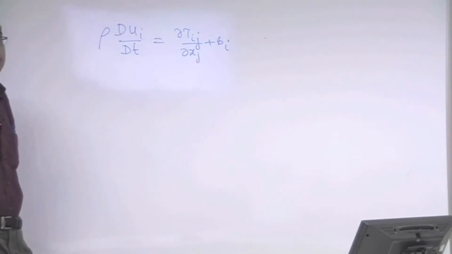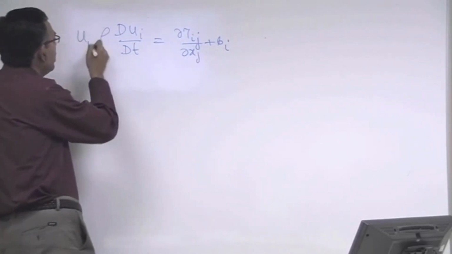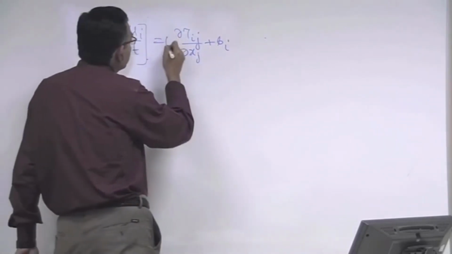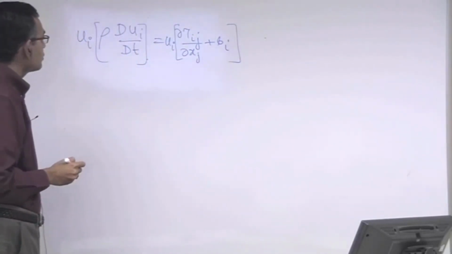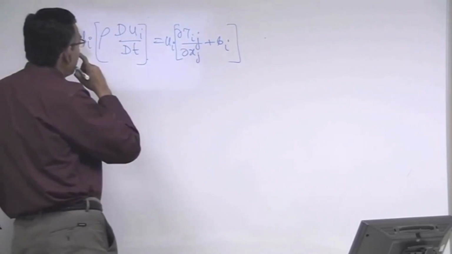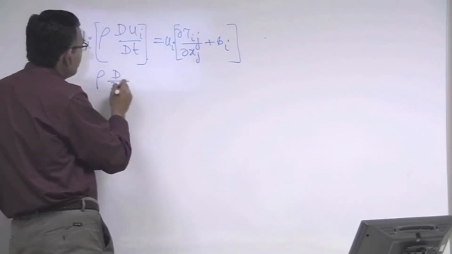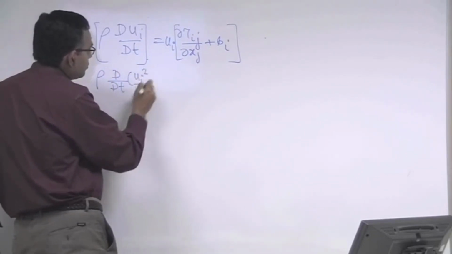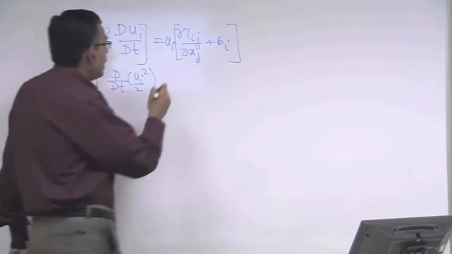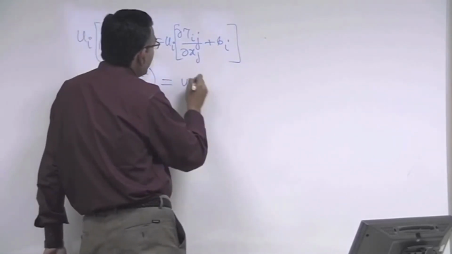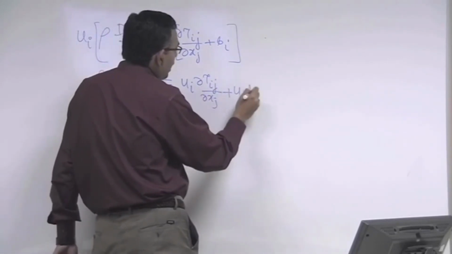So, what we do is we multiply this with ui. So, you have rho d/dt of ui square by 2, right, and then this is ui del tau ij/del xj plus ui bi.